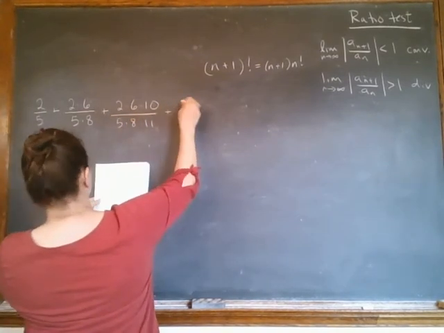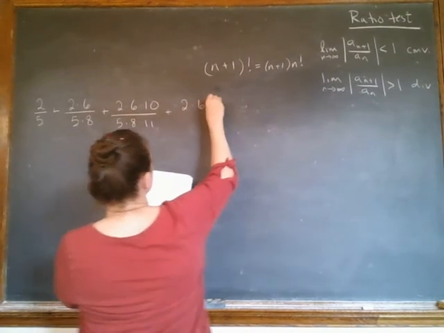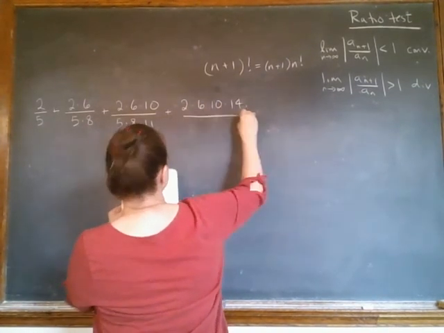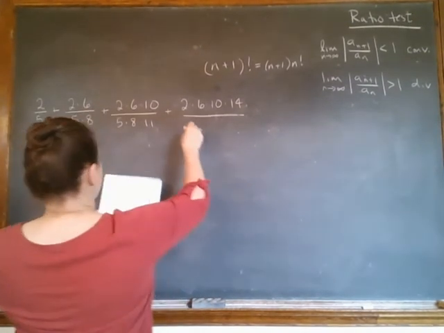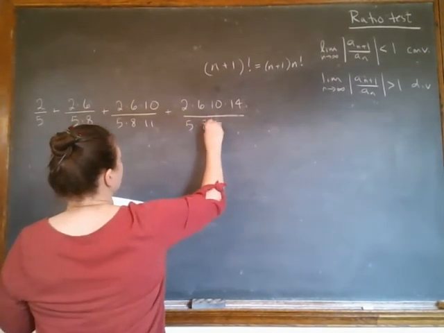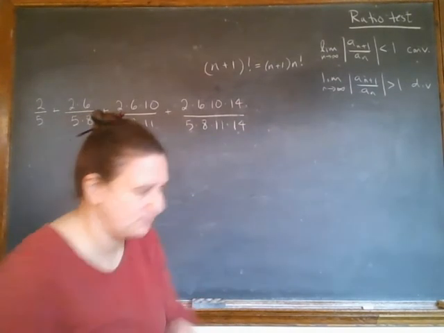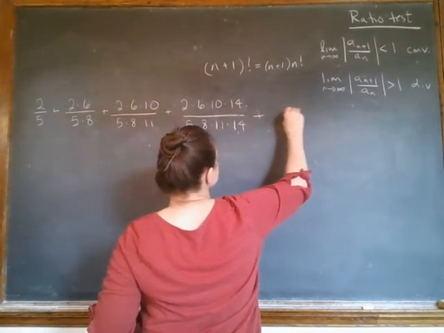They give you a bunch of terms. 14. And this guy is 5, 8. Okay, plus, dot, dot, dot.